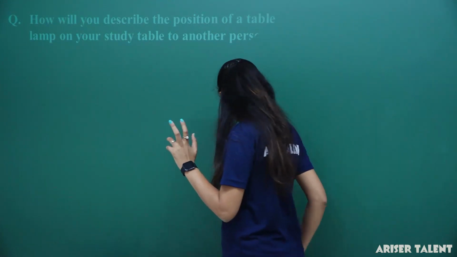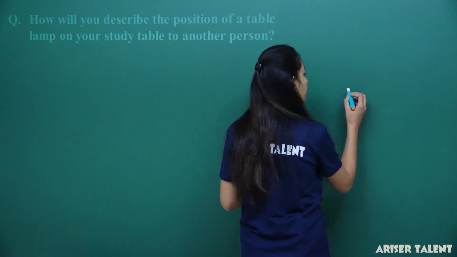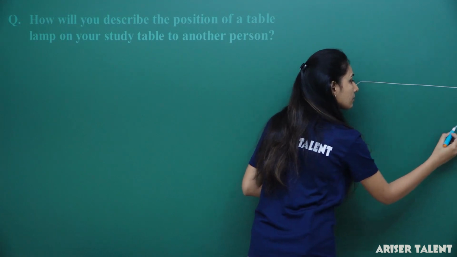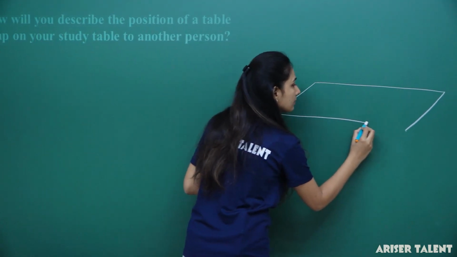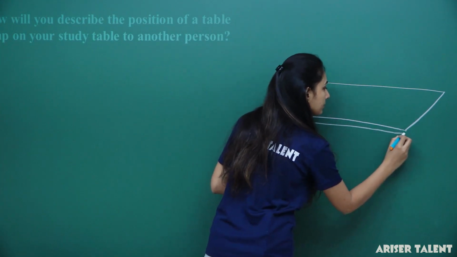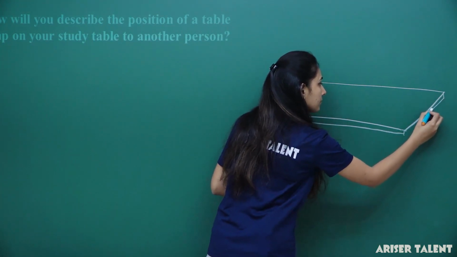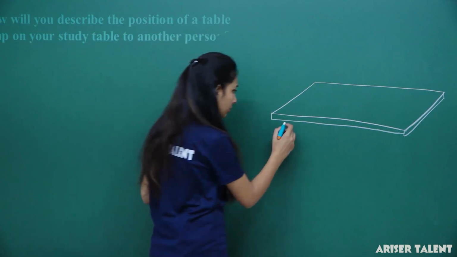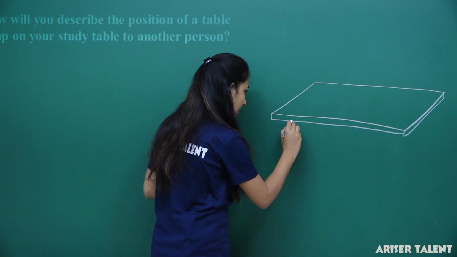So let it be this way, maybe this is your table. It has legs also, so these are the legs of the table.